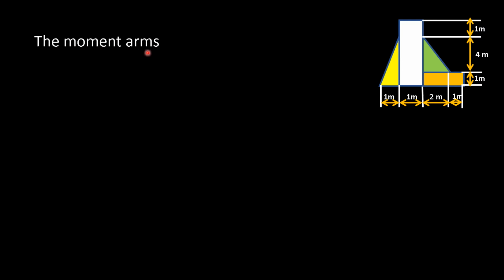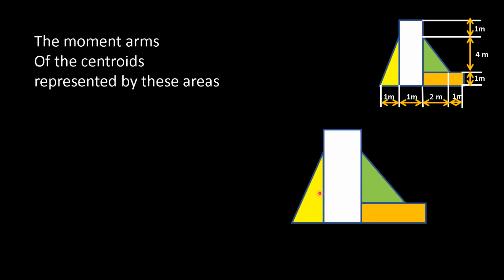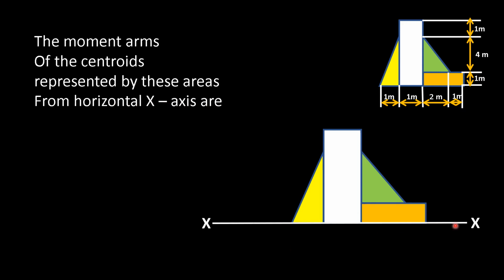The moment arms of the centroids represented by these areas from horizontal x-axis are y1 equals 1/3 multiplied by 5, 4 plus 1, 5, height of this triangle multiplied by 1/3, which is 1.66 meter.